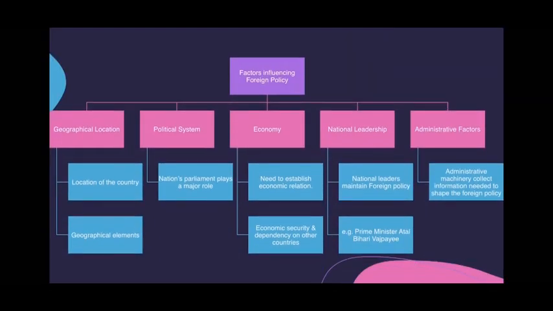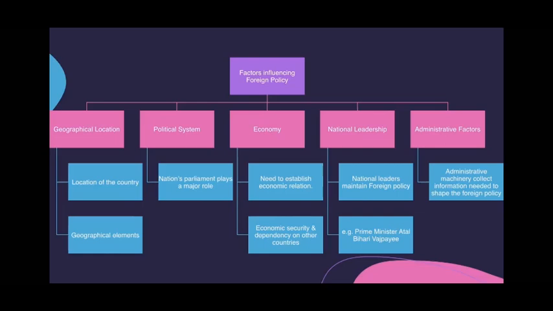Now, what are the factors influencing foreign policy? First is geographical location. The location of the country, where this country is situated. Some countries are far away from other countries, while there are several neighboring countries around some countries. All this impacts foreign policy.